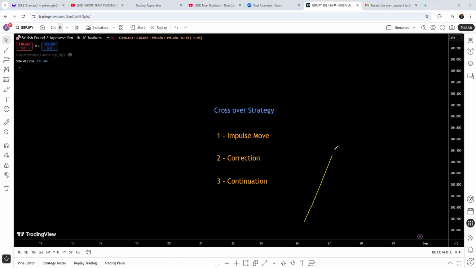In this case it shoots up, there's a correction, and it continues. This works very well and very profitably. You could otherwise call it ICC: impulse, correction, continuation. Okay, so let's go to the chart.